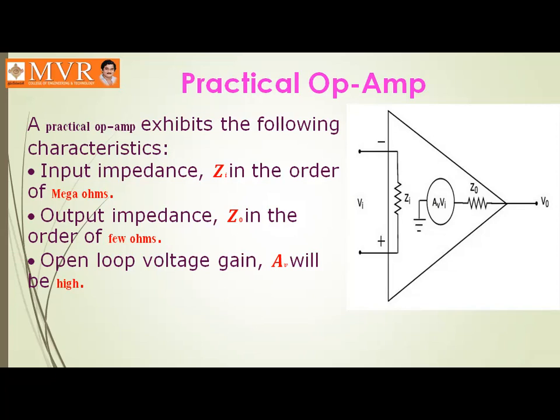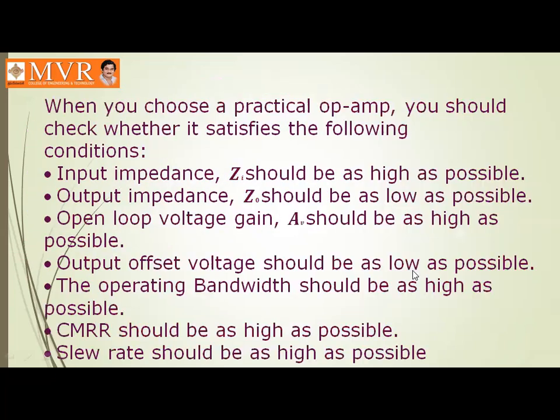Coming to open loop voltage gain, in ideal op-amp, we have discussed that open loop voltage gain must be infinity. Here, that open loop voltage gain must be as high as possible.